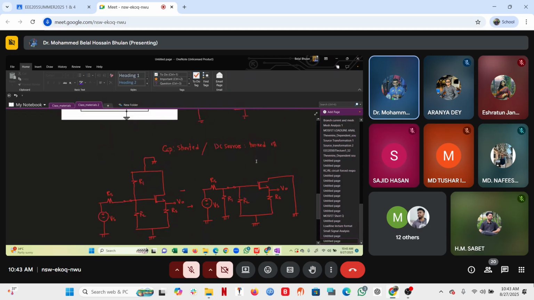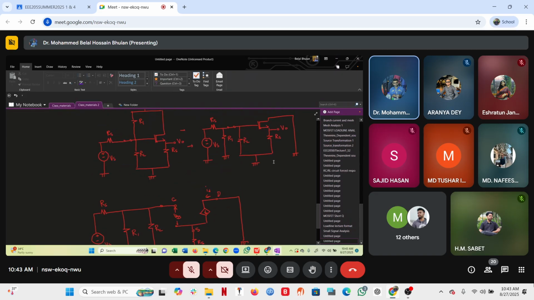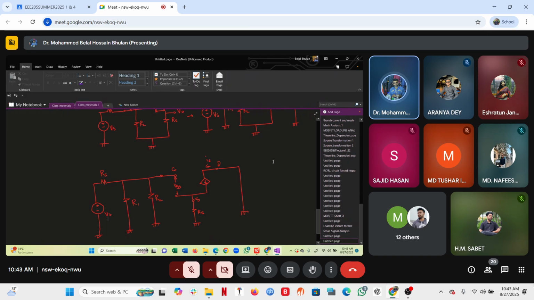And the gate terminal is connected to R1, R2, and RS, VS. Okay, so that is our equivalent circuit with the model.